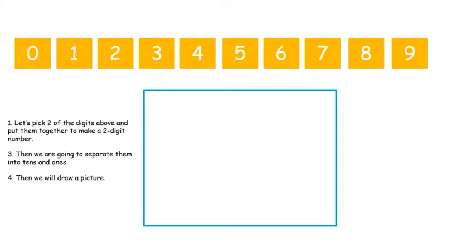So as you can see, I have all of these yellow squares up at the top of our page, and we have the numbers or digits 0, 1, 2, 3, 4, 5, 6, 7, 8, and 9. So what I'm going to do is pick 2 of the digits above and put them together to make a 2-digit number.